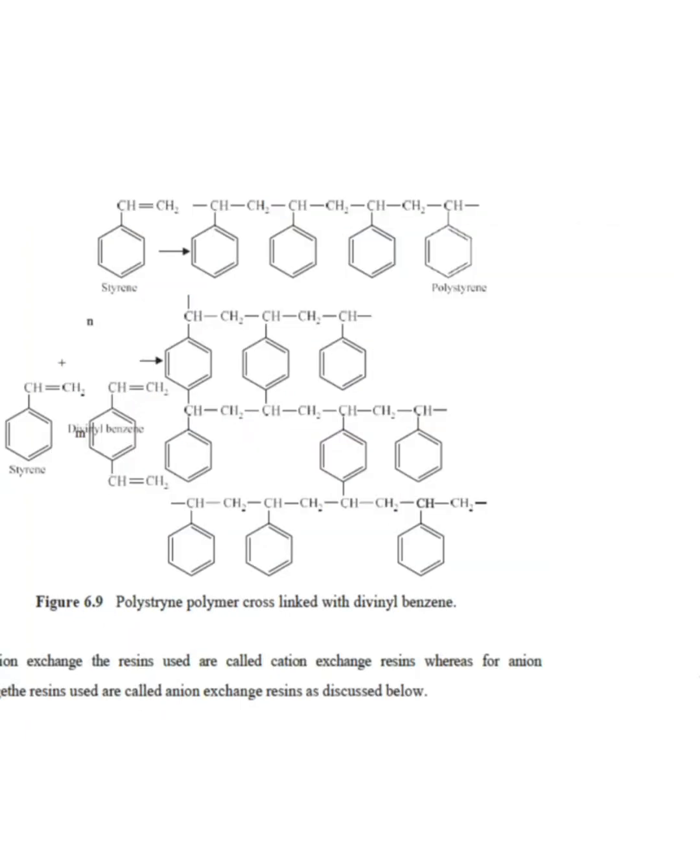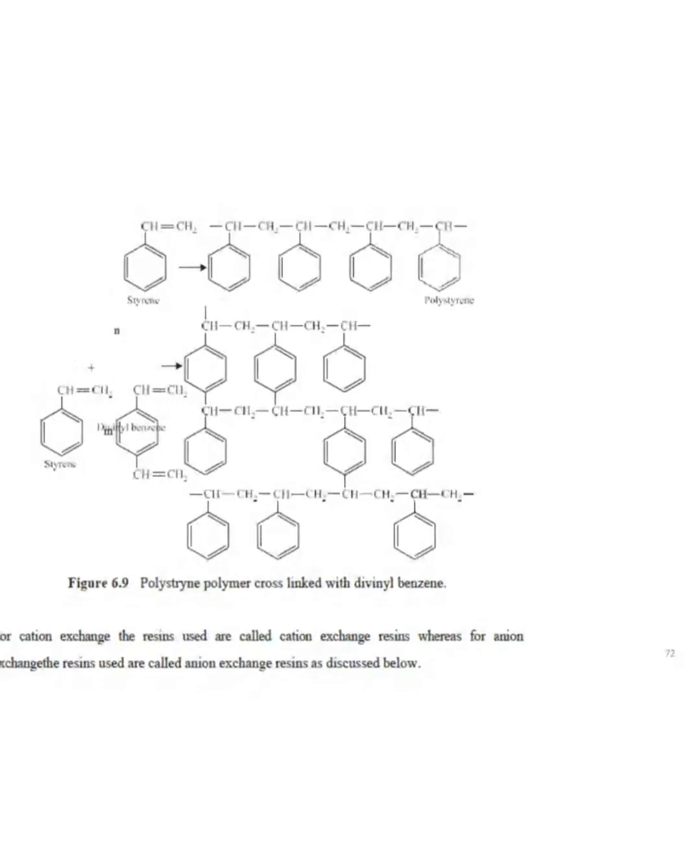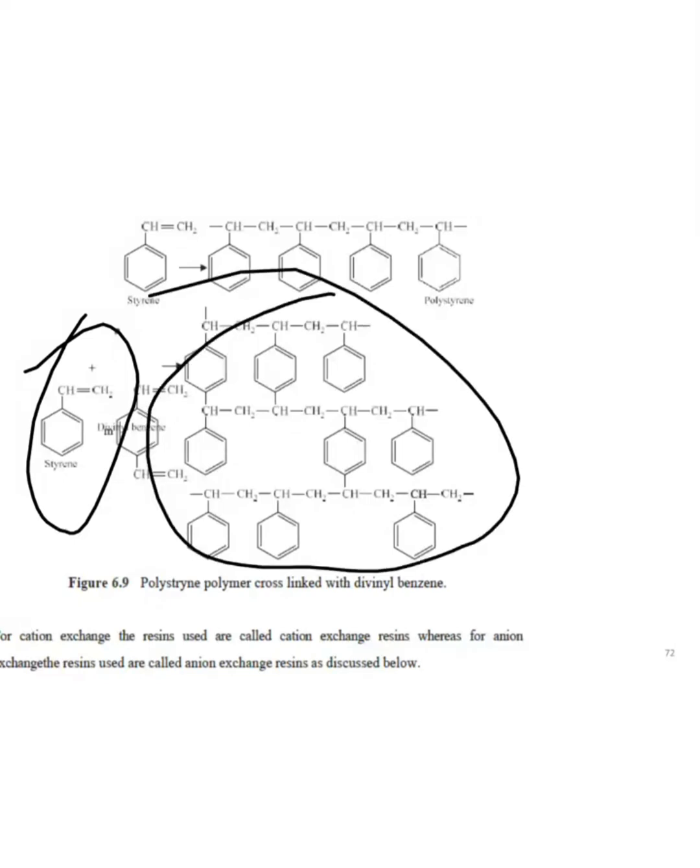Here in the example, we have taken styrene with divinyl benzene. A cross-linked polymer is formed while using divinyl benzene. What is the use of styrene?